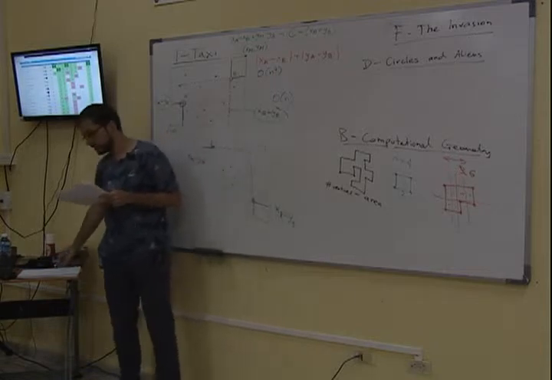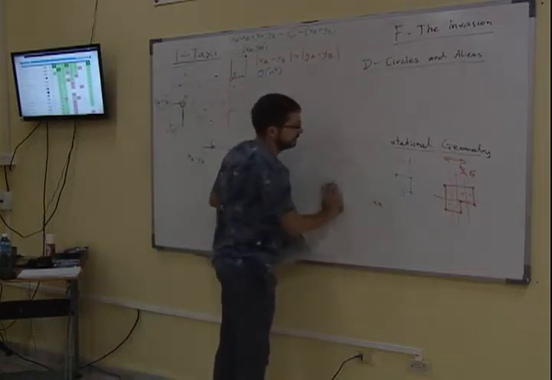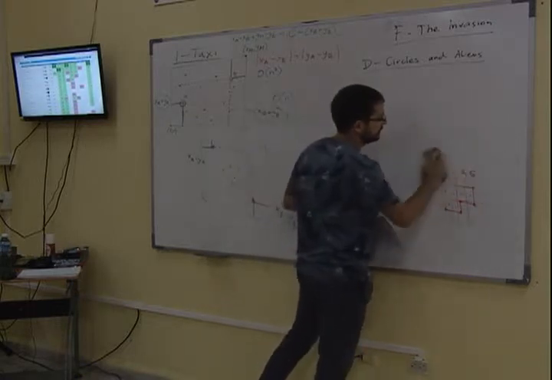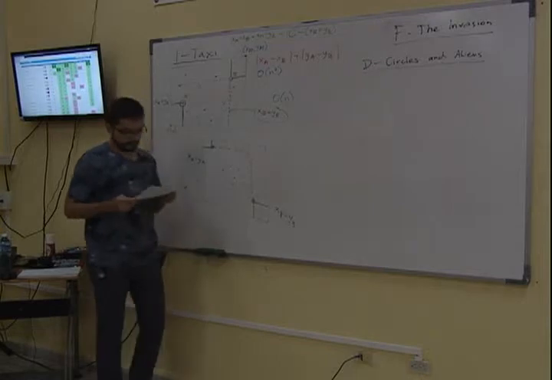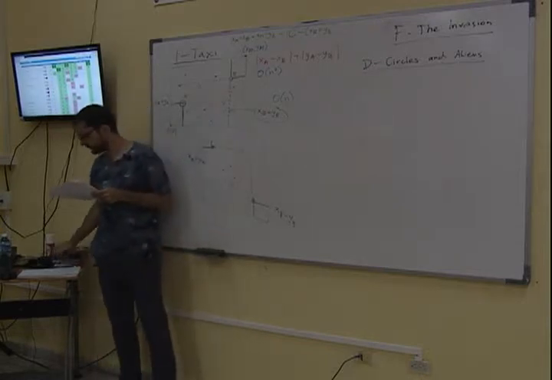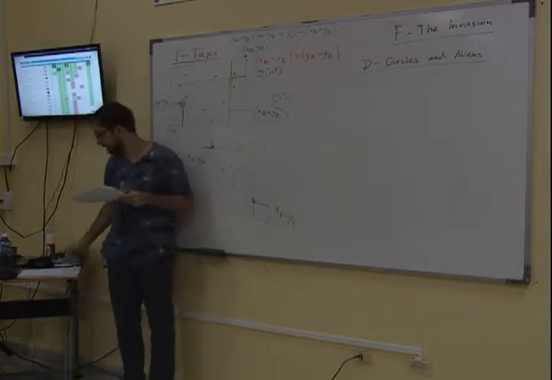All right, so we have a plane, and on this plane we have some circles, and they don't intersect.